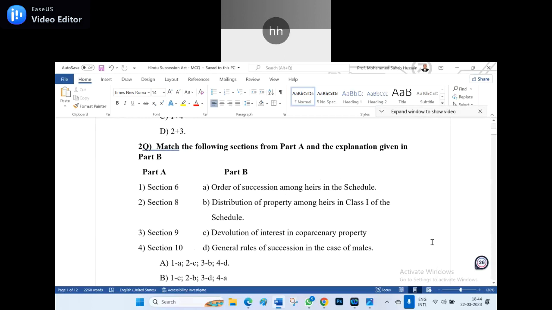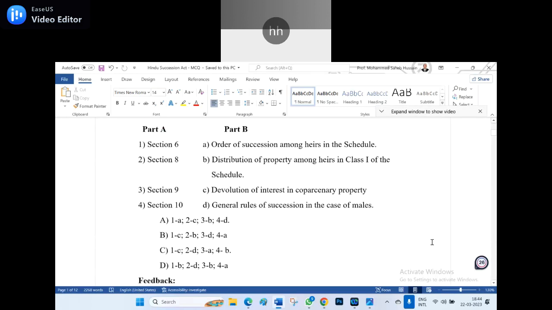What is the second option? Sir, D, I think. D. Second, 1B, option 2D, 3B. C. Option C: 1C, 2D, 3A, 4B.